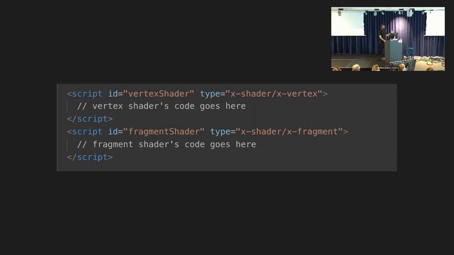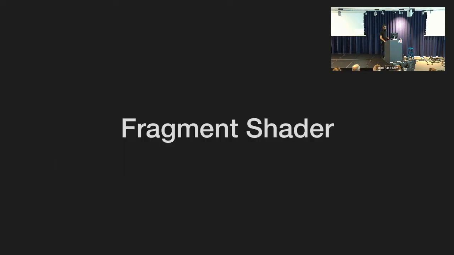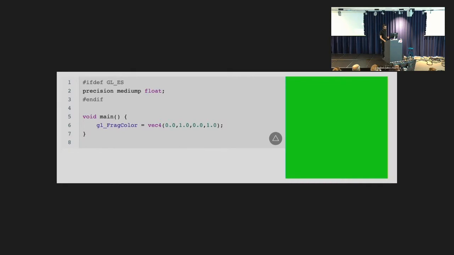And actually, you can code them on the web like this. You just define a script tag and define the type to be a shader, either a vertex or a fragment shader. So this is a very simple example of a fragment shader.